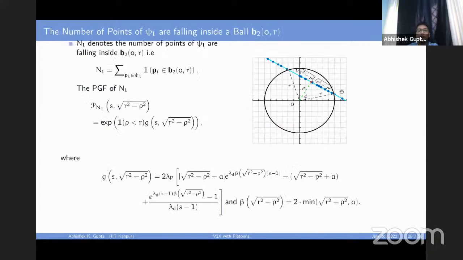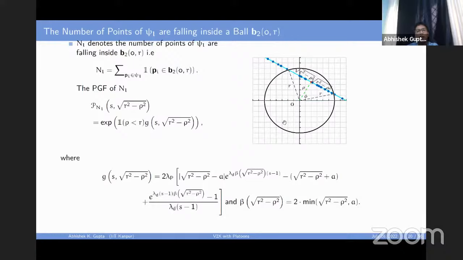I'm just including some interesting results which we may use later on. Suppose you have this road and you want to compute how many points are there in this particular ball of radius r. Let me clarify again. There is a road at distance rho with angle phi. Then there is a ball of radius r from the origin.